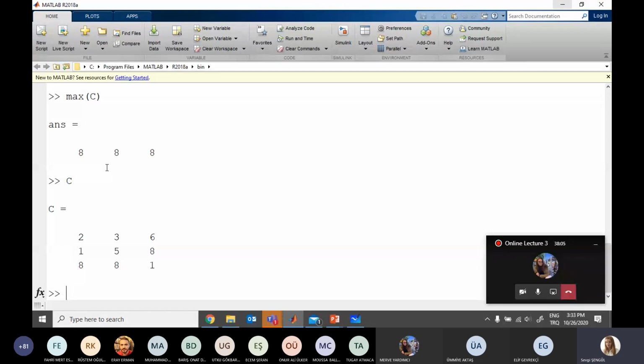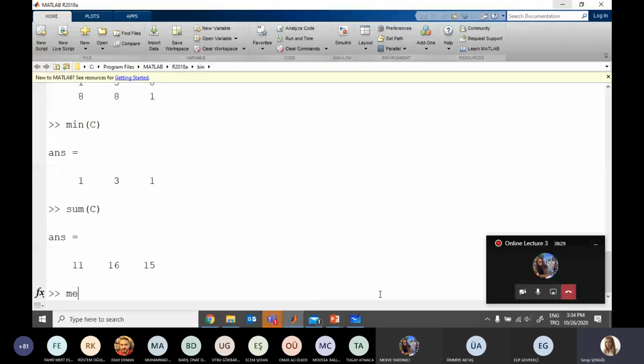And you can find the minimum of each column in the same way, like that. The minimum of this column is 1, this is 3, this is 1. This can be handy for your calculations. You can find the sum of each column by the sum command. So it will add these elements and give you the result.